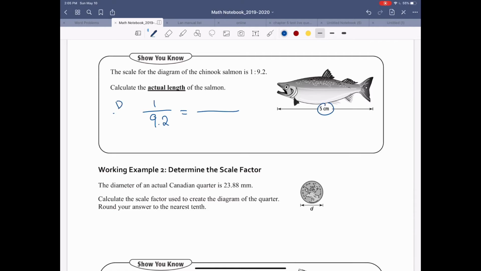This is diagram versus real. It's 5 in the diagram. What's the real? You have to cross multiply and you can get the answer. 1 times question mark equals 5 times 9.2, so the question mark is equal to 46 cm.